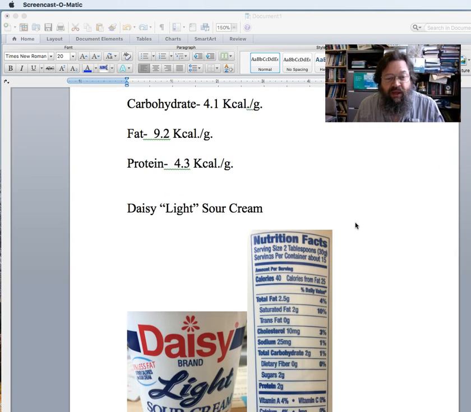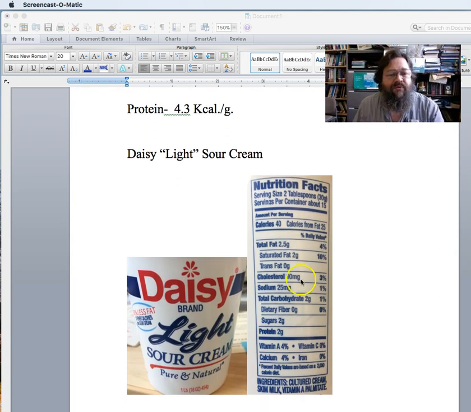If you just look at nutrition labels, what they will show you is the number of grams of carbohydrate, fat, and protein. Because these numbers tend to be fairly small and they're allowed to be rounded to the nearest even gram, they tend not to be as accurate as I would like.